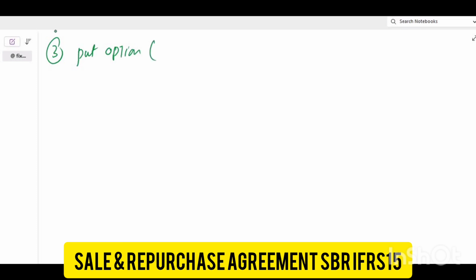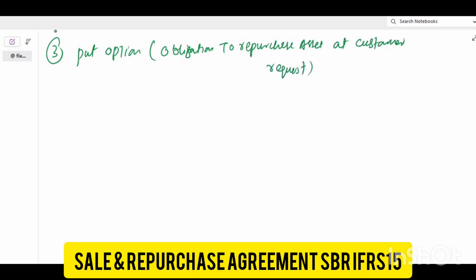By put option we mean that you have an obligation to repurchase the asset at the customer's request.